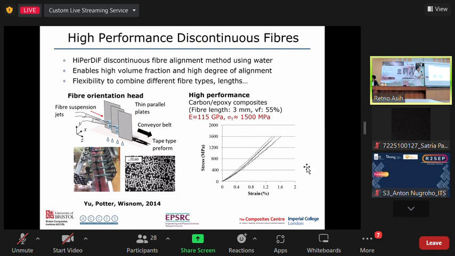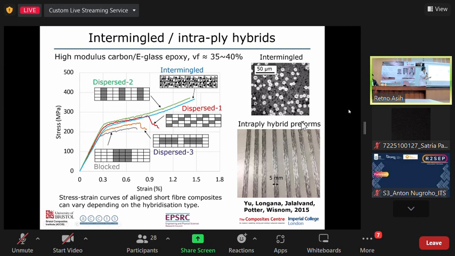And based on this, they also manufactured and developed a thin ply hybrid carbon. If you go next. They have demonstrated that by using a different type of design, we can get a different type of pseudoductile response.